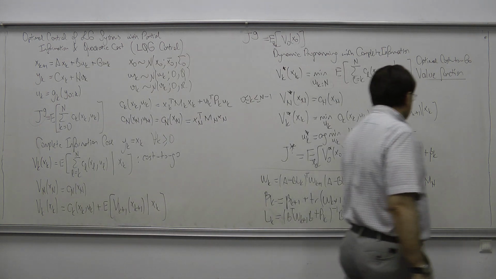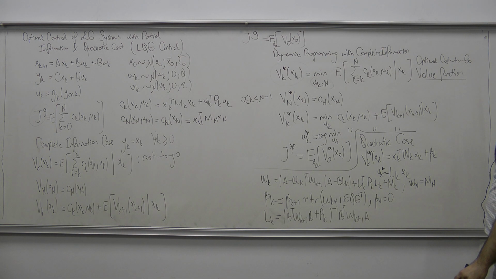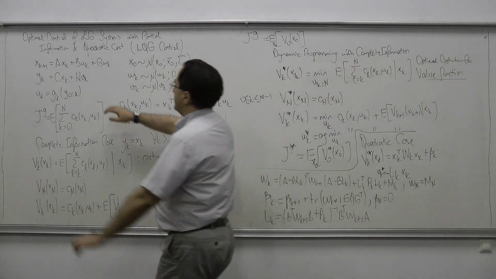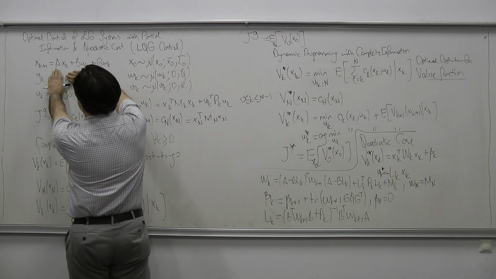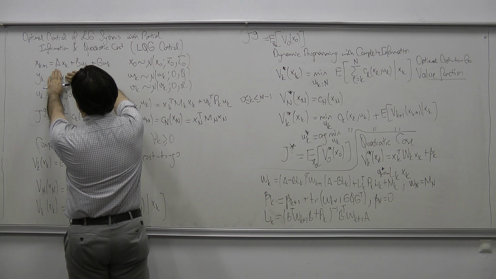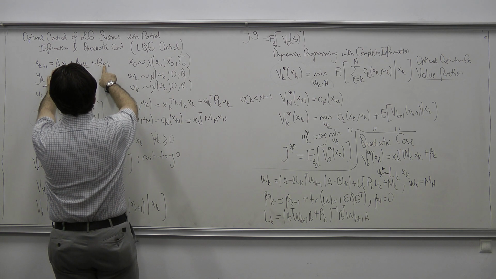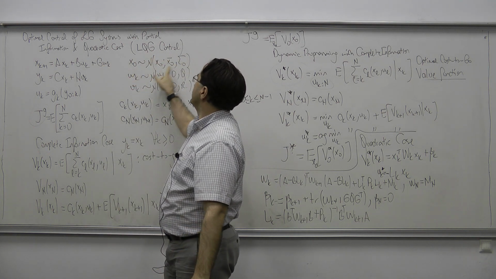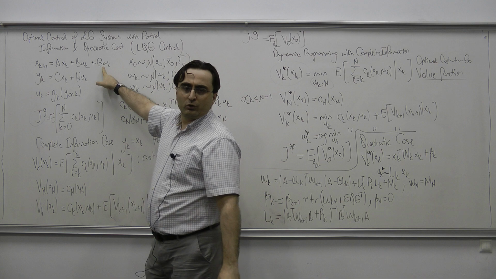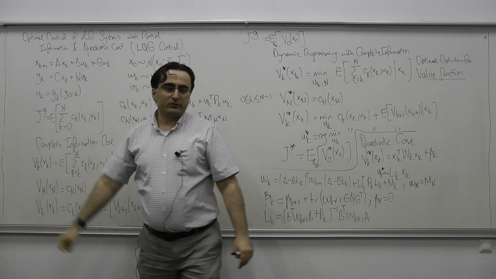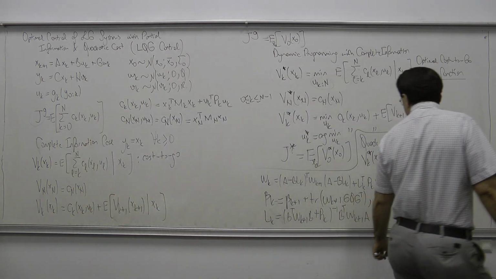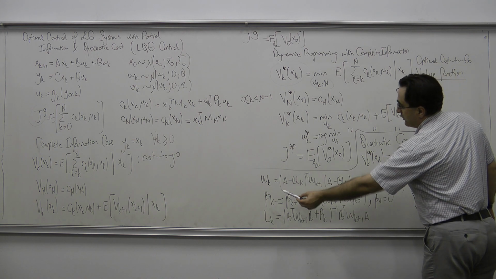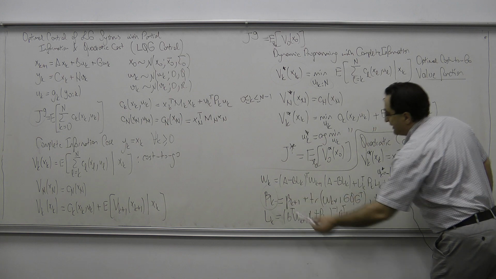Okay? Here I would like to remind you something. Remember, in the case of perfect information, when y_k is equal to just x_k, the only randomness in the system is the initial condition and also the process noise. Okay? So we see that the process noise enters into the picture in the constants beta k.